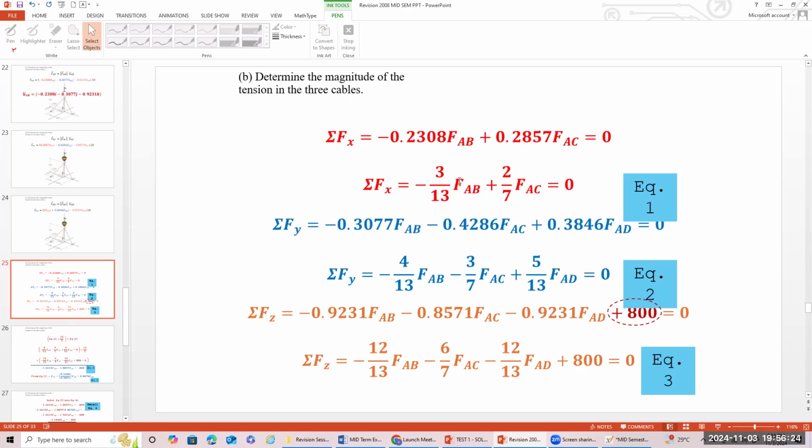I would definitely use one of these. But I tell you, if you're not careful, you could end up with a long process. If you look in this one, you will see AB, AC, AD. If you transpose one of these, quite simple, you could make, for example, AB the subject and put AC.